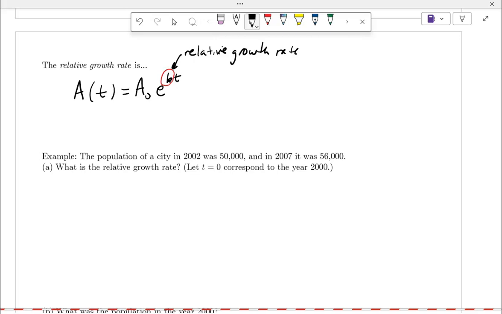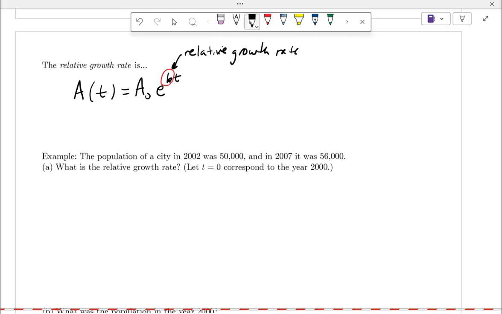Anytime you're talking about a relative rate, it wants to know change divided by total amount. The problem is that until you talk about calculus, it's hard to talk about what I mean by change with this particular function. What turns out when you look at the change of this particular function, that number comes out. And when you divide it out, you're just left with that number. You don't have to worry too much about that.